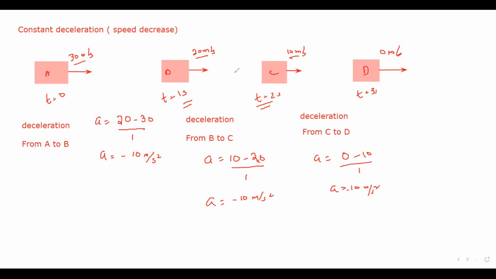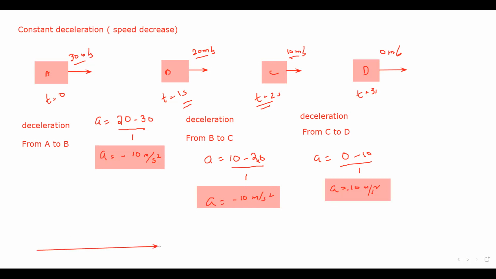So you can see the deceleration is the same. From A to B the deceleration is minus 10, from B to C it is minus 10, and from C to D it is also minus 10. So deceleration is the same and the speed is decreasing. So how will the graph appear, the speed time graph for an object which is decelerating?